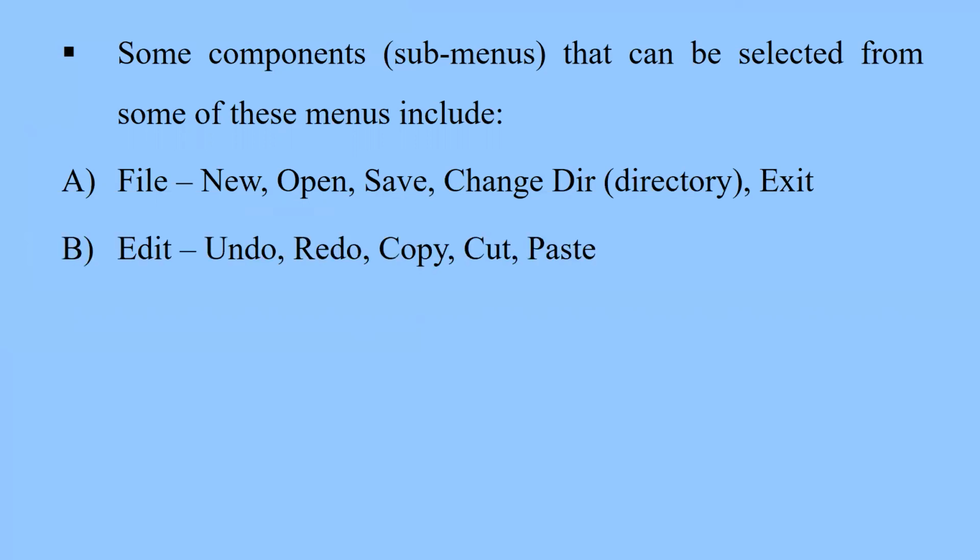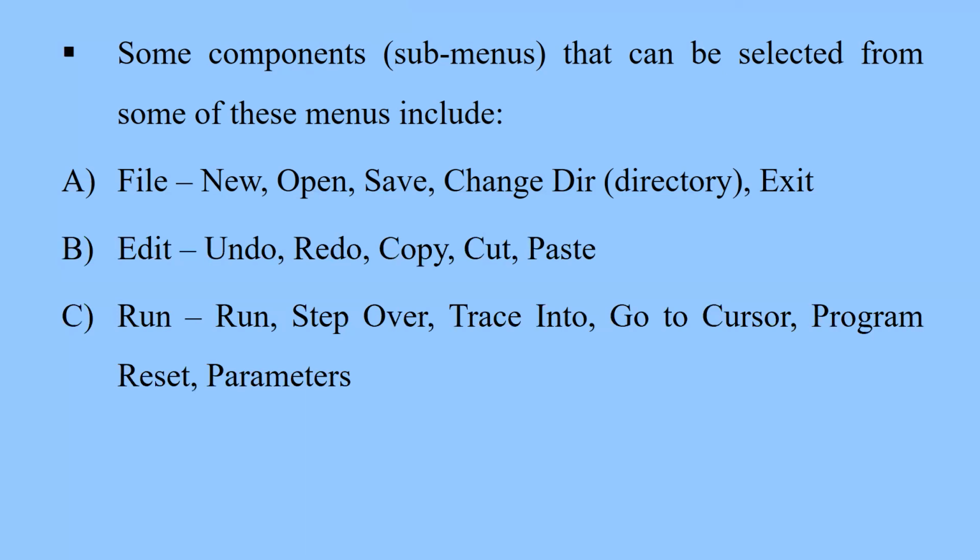From the Edit menu, we have the Undo, which is used to reverse what you had already done. We also have Redo. We have Copy, we have Cut, and we have Paste. Under Run, we have Run, Step Over, Trace Into, Go to Cursor, Program Reset, and we have Parameters.